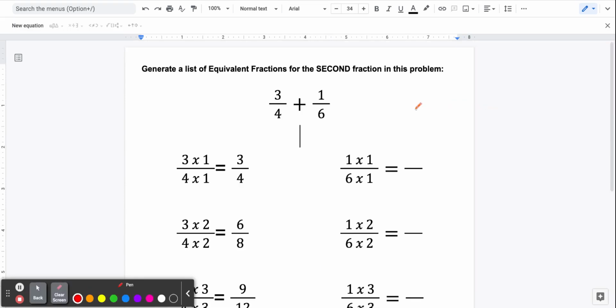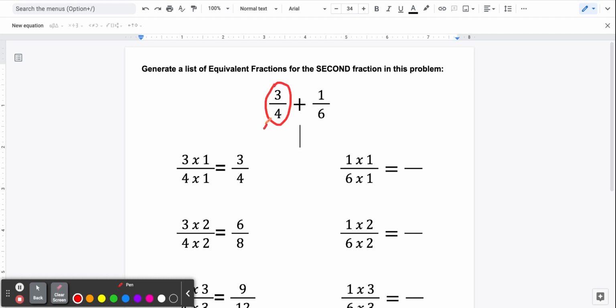In lesson number 2, we established that you were going to, first of all, review how to write equivalent fractions. And in this case, you were asked as a student to practice writing equivalent fractions for the first fraction in the problem.